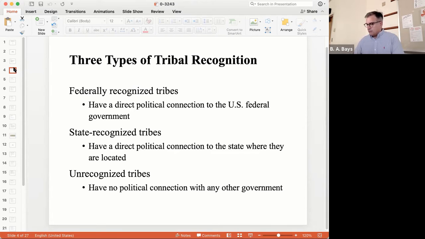So the recognition of a tribe by the United States federal government allows such a tribal nation to be covered by all of the federal statutes, and probably not a treaty if they're just recently getting recognized, but all of the federal statutes and the United States federal court rulings that are pertinent to tribal nations.